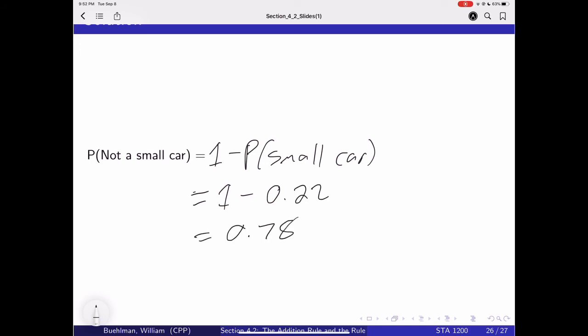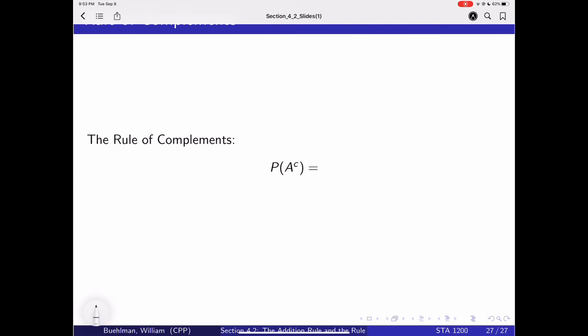So the probability of not being a small car is 0.78. General rule for the rule of complements is the probability of a complement is going to be equal to 1 minus the probability of A, which we saw in the last slide.